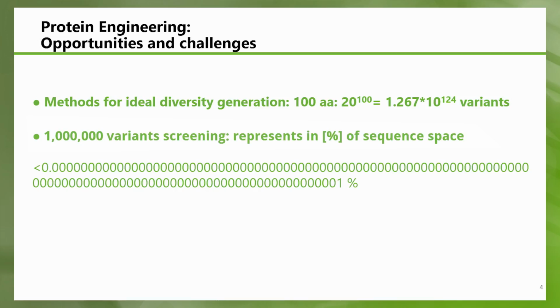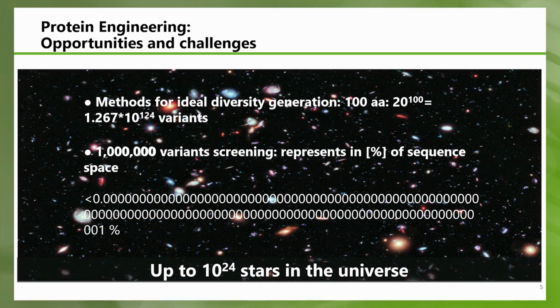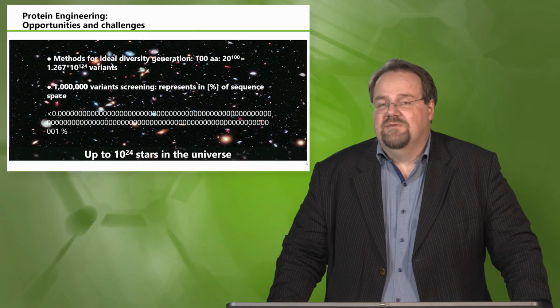So let us put this number in perspective. When we look at all the stars in the universe, about 10 to the power of 24, and you multiply this still with billions, you can still generate theoretically more protein variants.